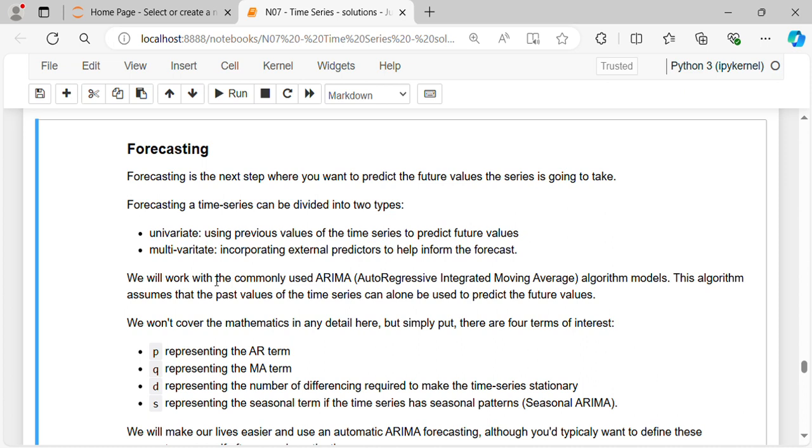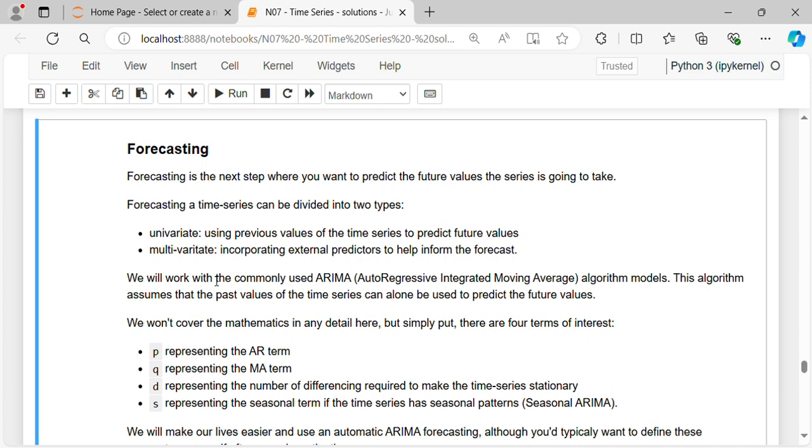So previously, we looked at finding the missing values using different methods. We looked at the forward fill method. We looked at the backward fill method.